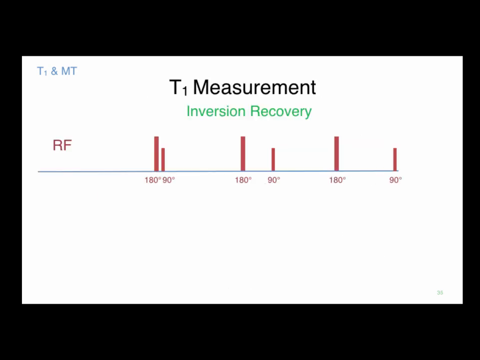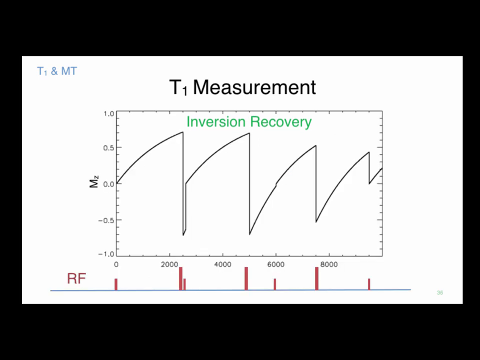Another way to go around it is to make use of this inversion pulse. Here you do not saturate the spins, but you invert the spins, and then you measure the signal at different delay times after this inversion. You compare that also to the signal you get, say, without inversion as a reference. So this is more or less what the magnetization looks like.